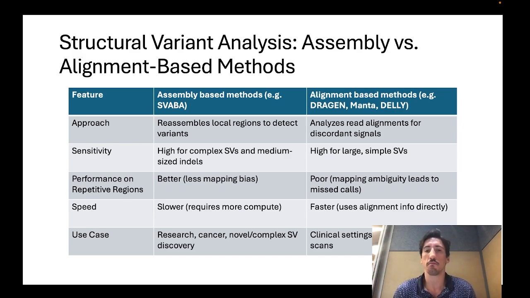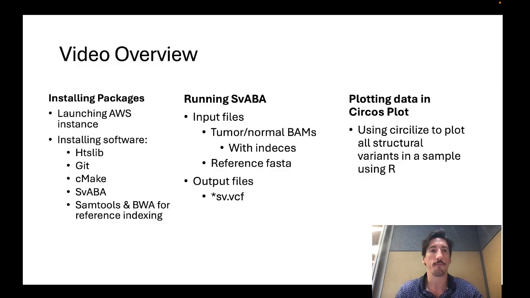I guess it really is up to the user. In this case, we do a lot of low sample number research-based structural variant analysis, so we focus on SvABA. But I've also used Dragon too, and Dragon can be a lot quicker than SvABA too. So just keep that in mind. There's pros and cons to both, but I just wanted to highlight the differences between these two, and hopefully leave it in the comments if you have any more questions. Happy to point you to a particular tool.